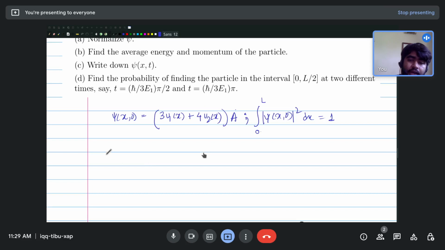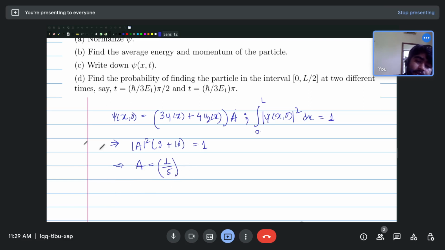So you just calculate this, and because u1 and u2 are normalized, it just becomes |A|^2 times (9 plus 16), and this should be equated to 1. We find the A for which this is normalized, and A is nothing but 1/5. So A equal to 1/5 is the normalizing constant.